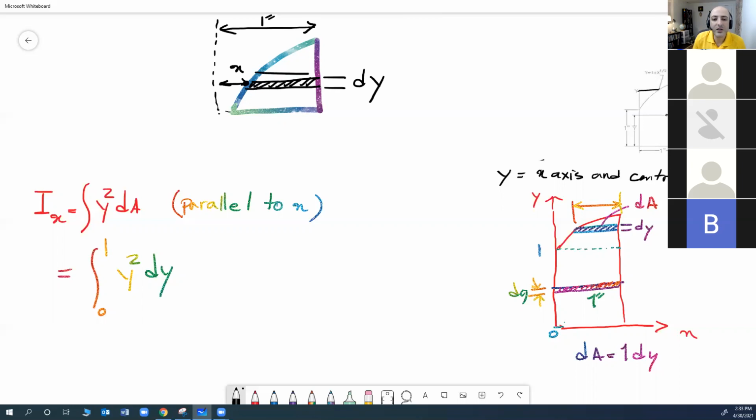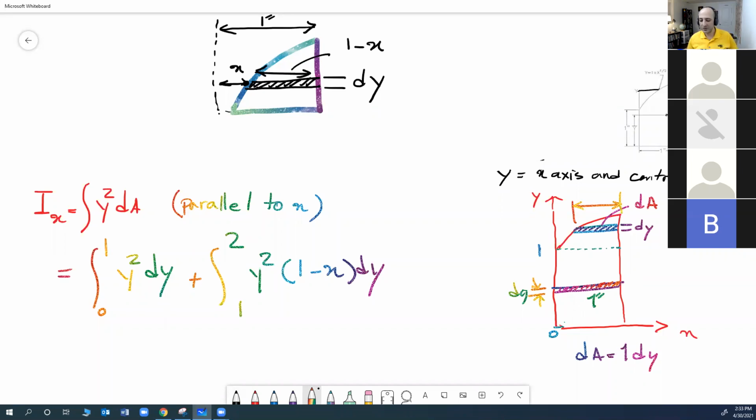So this length here is going to be 1 minus x. So my second integral, which is going from 1 to 2, is going to be this one now. 1 minus x dy.